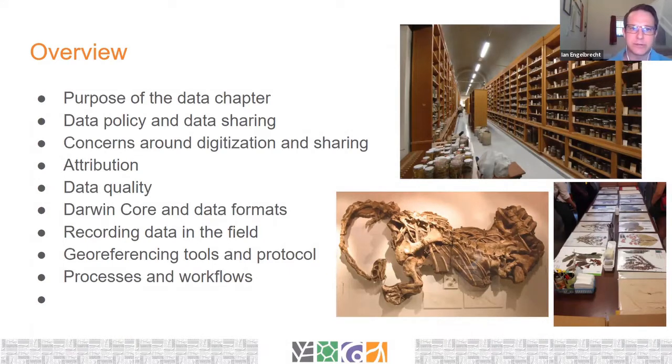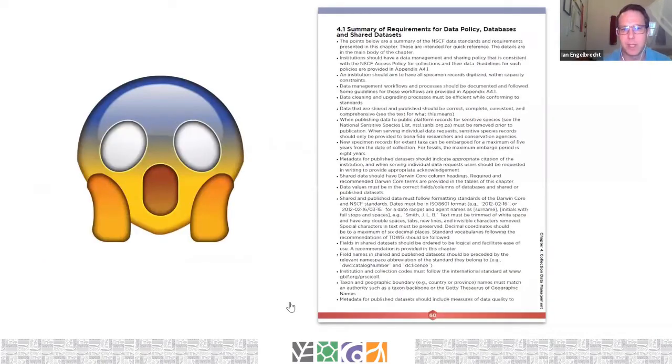We'll look at concerns around digitization and data sharing, some important things there. We'll talk about data attribution a little bit. And then we'll get stuck into the core of what the chapter is all about, starting with data quality, looking at Darwin Core and data formats, recording data in the field, geo-referencing tools, and ending off looking at processes and workflows, which is one of the key components of work around this particular chapter.